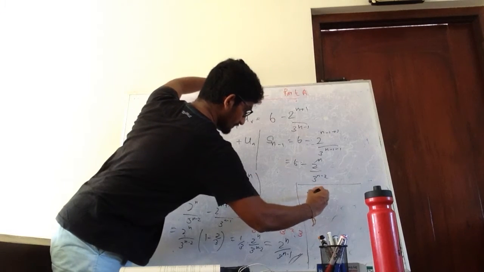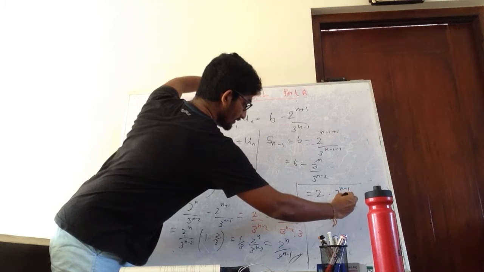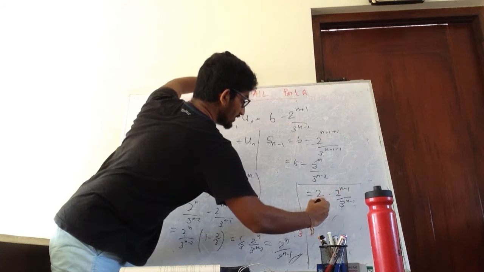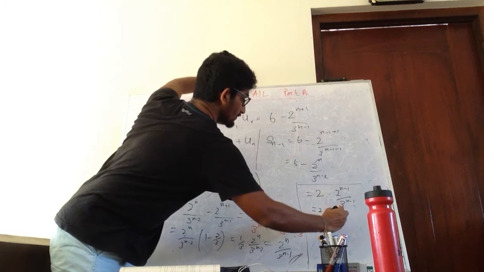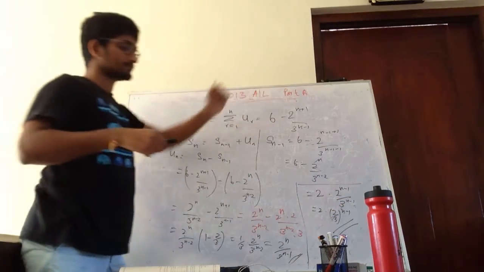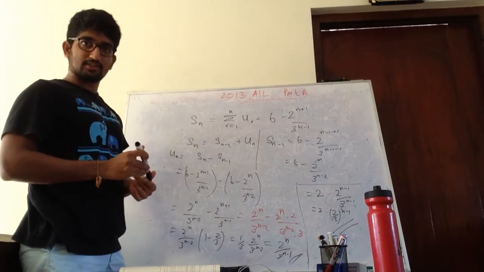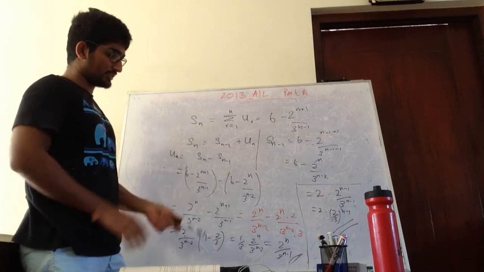You can take 2 out, and 2 to the n minus 1 over 3 to the n minus 1, so that is 2 times (2 over 3) to the n minus 1. Right? Now these are just manipulations. So after this answer, these are just manipulations.